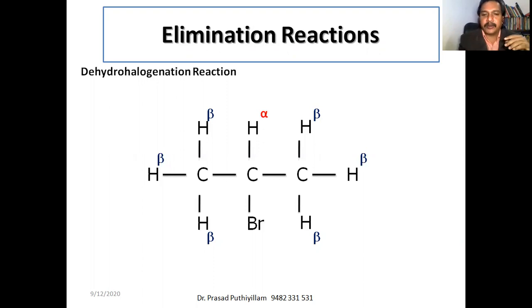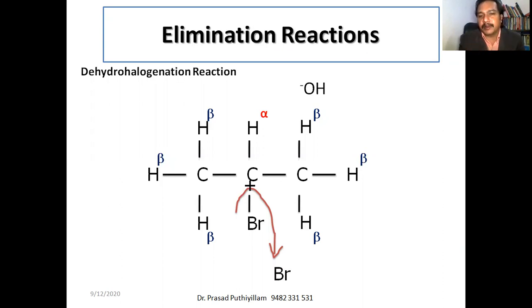Take the dehydrohalogenation reaction of this particular molecule with 3 carbon atoms, so it is 2-bromopropane. When it reacts with potassium hydroxide or sodium hydroxide, that is OH minus, the bromine takes the electrons of the C-Br bond and becomes Br minus.